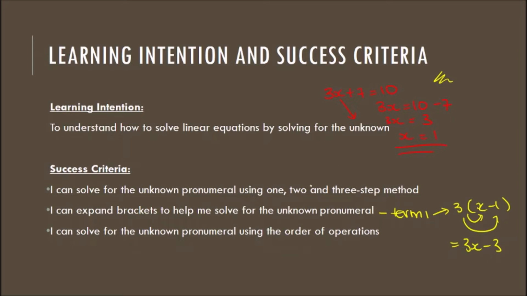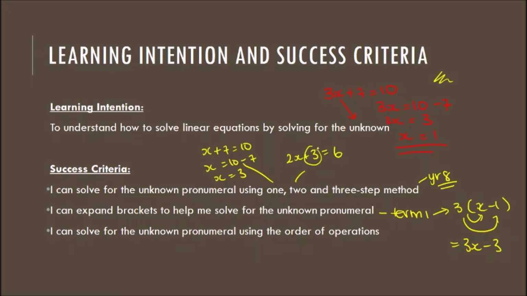And 1-step, 2-step, that would have been year 8. So an example of 1-step would be x plus 7 equals 10, so you only had to do one thing to get rid of the number, so it'd be 3. 2-step would have looked something like 2x plus 3 equals 6 maybe.